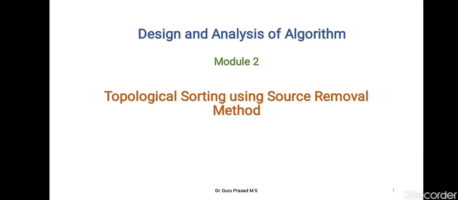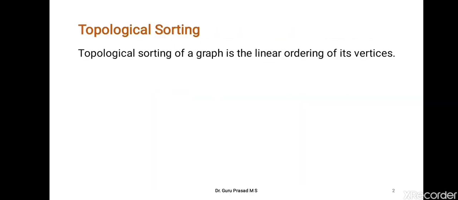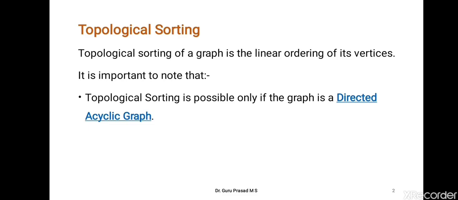Hello students, today's topic is topological sorting using source removal method. Topological sorting of a graph is the linear ordering of its vertices. It is important to note that topological sorting is possible only if the graph is a directed acyclic graph.